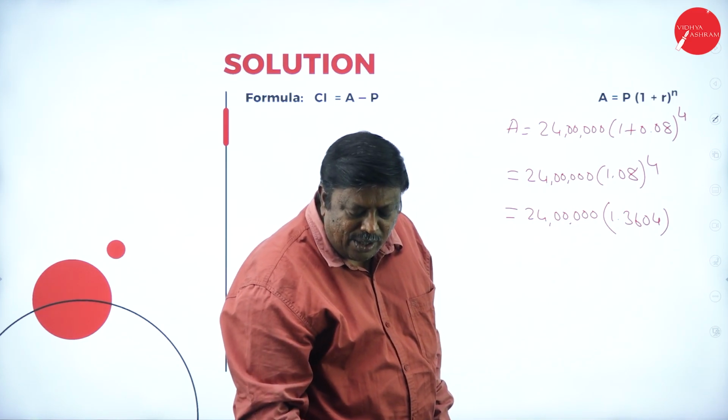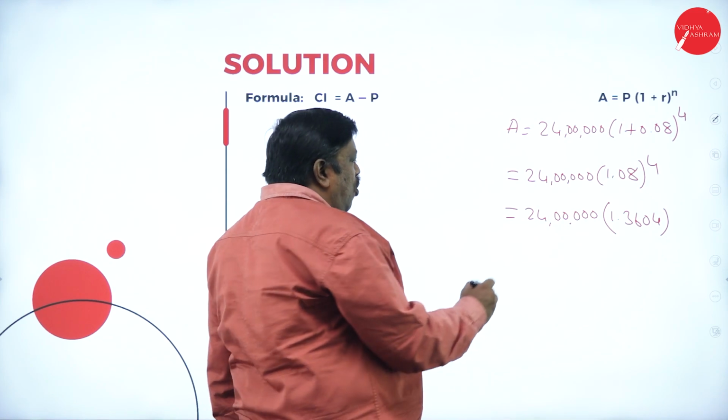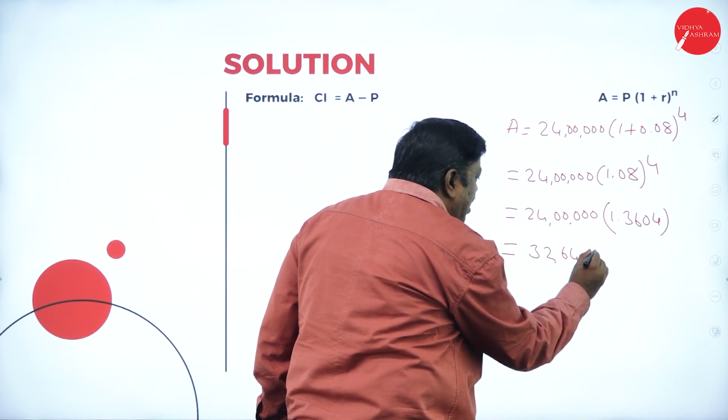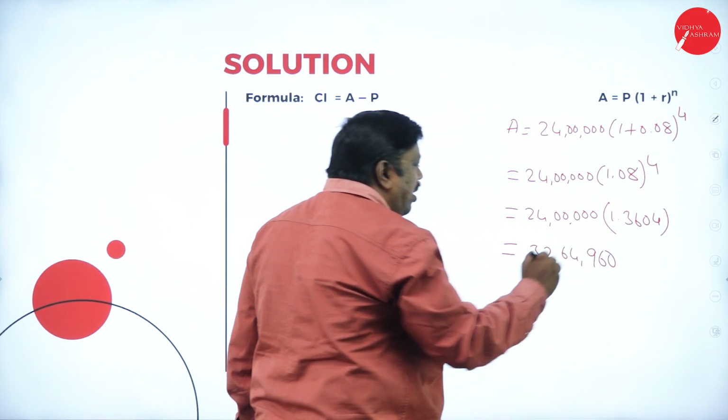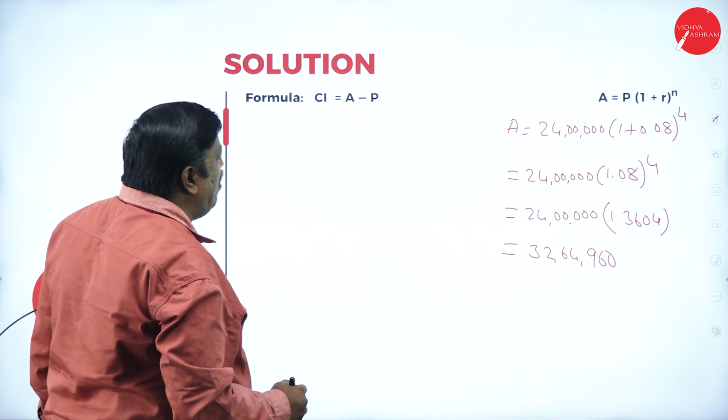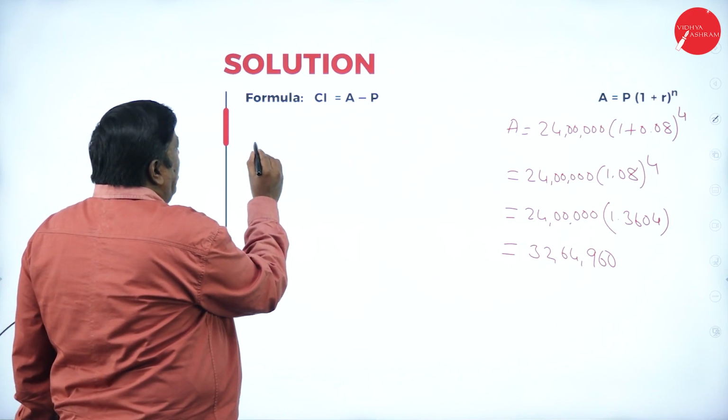So that will be 32,64,960. 32,64,960 will be the annuity value.